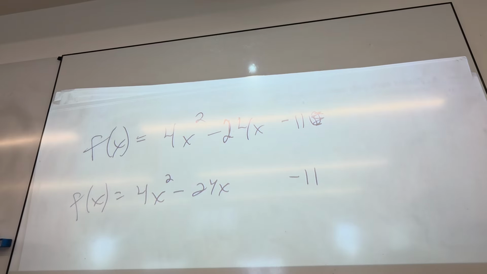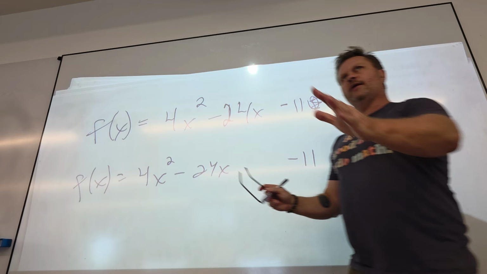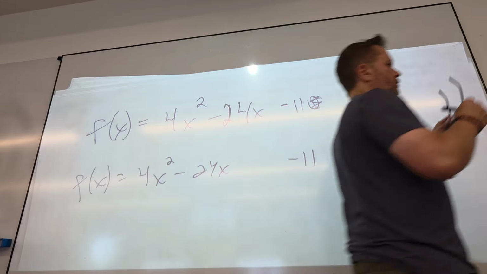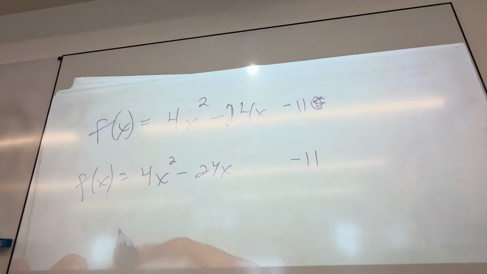Now, what is wrong with what's there? Why can't I use completing the square immediately? Yeah, I've got a 4 in front, correct? I don't really have two sides. I can't divide by 4. So instead, what I'm going to do is I'm just going to take it out.